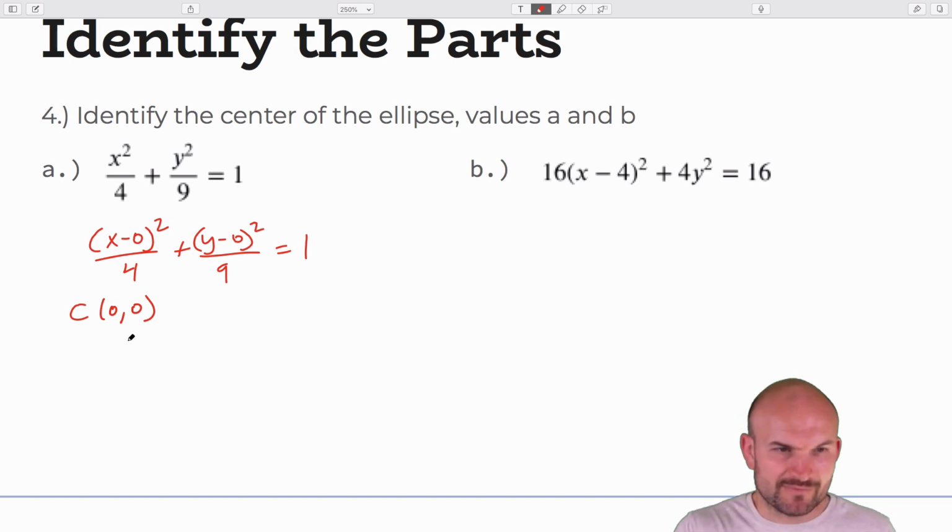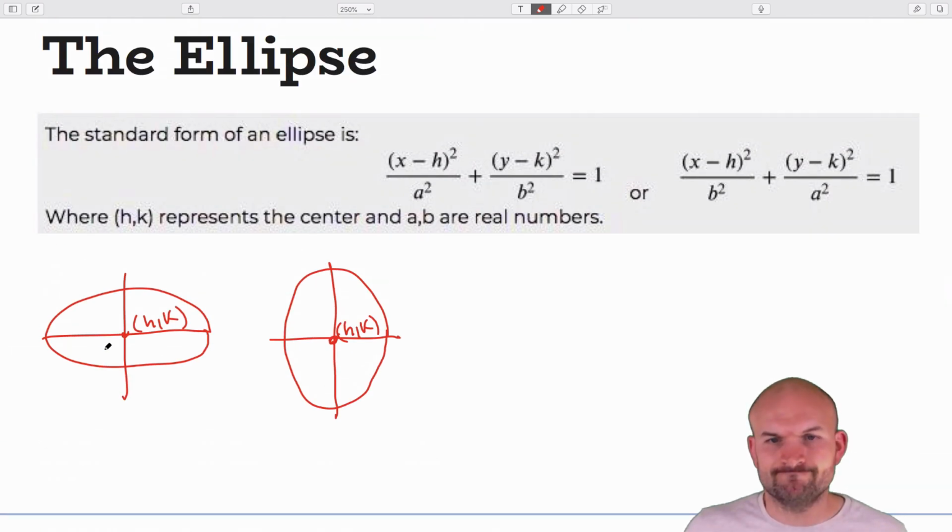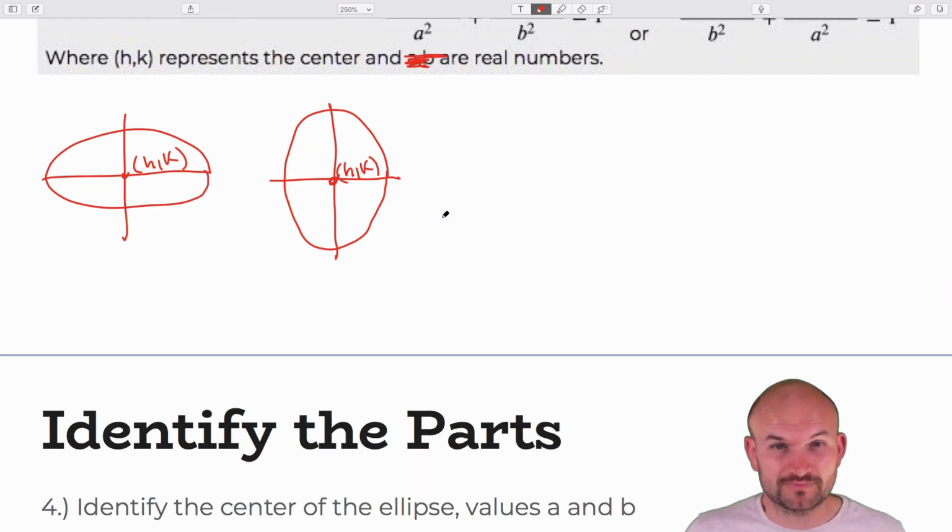Now, you actually don't know which one is a squared or which one is b squared, do you? How should I teach that? You know what, let's forget about identifying a and b in this case, because you don't really know which one is which.